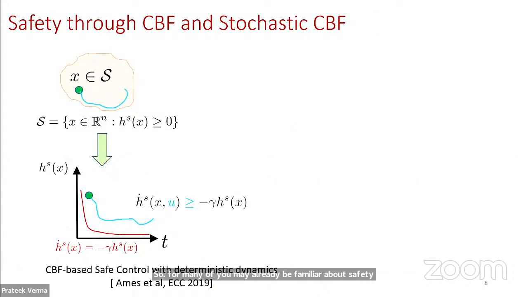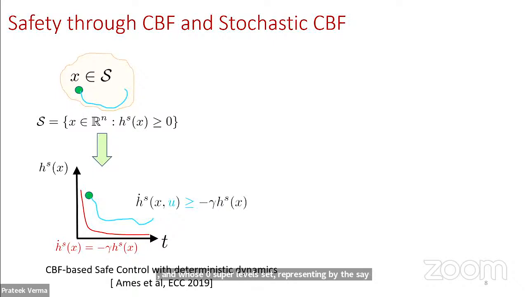Right. Many of you may already be familiar with safety through control barrier functions, which is a very useful tool. The main high-level idea of the control barrier function is, assuming you want the robots to stay in some particular safe set, whose zero superlevel set is represented by the function h of x.